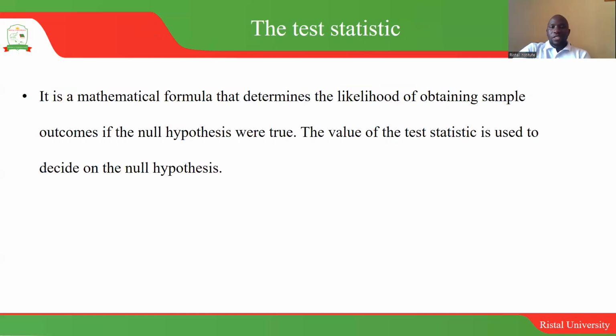So you choose a statistical test and then make an interpretation in relation to the null hypothesis. We have different types of statistical tests: the chi-square, the t-test, and others that we shall look at in our subsequent lectures.